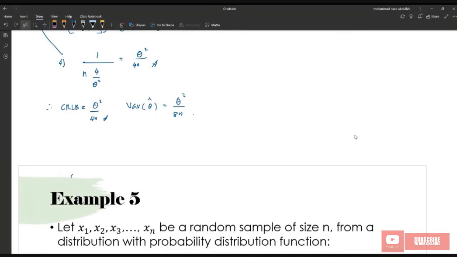So the Cramer-Rao lower bound is not equal to the variance of theta hat. Since this is not equal, theta hat equal to 3 over 2 y bar is not the MVUE, the minimum variance unbiased estimator of theta. Right, this is how we do it. Okay.